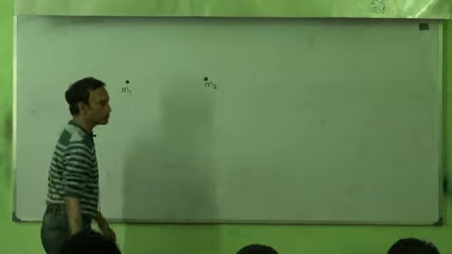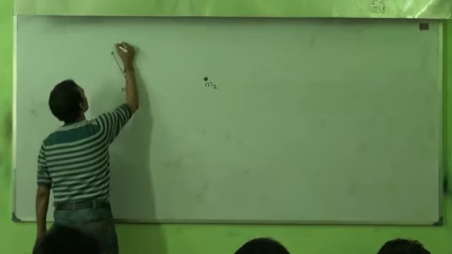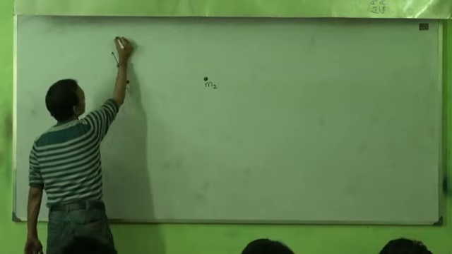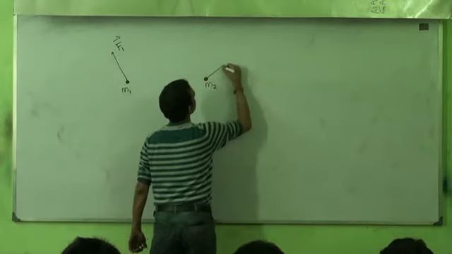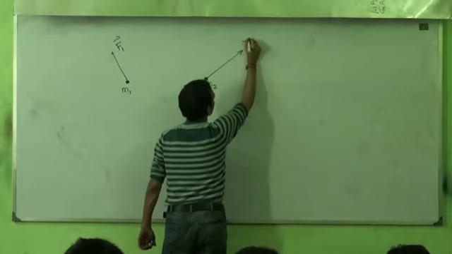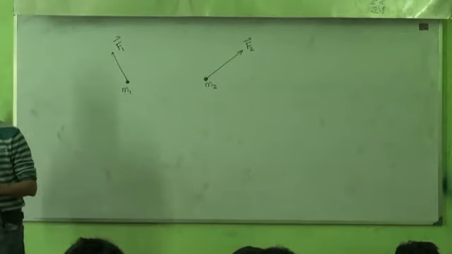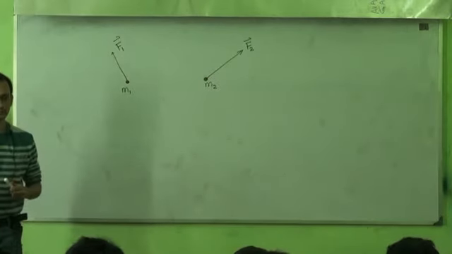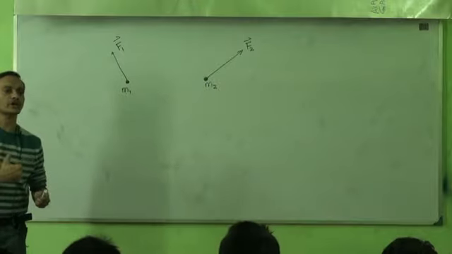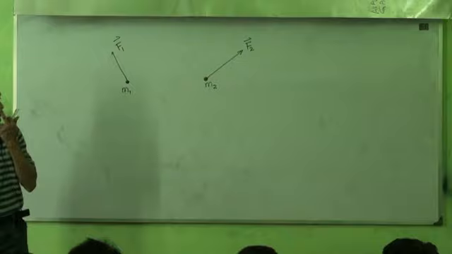And let's say there is a certain force F1 acting on M1, and there is a certain force F2 acting on M2. And M1 and M2 also interact with each other. There are mutual forces of interaction between M1 and M2.